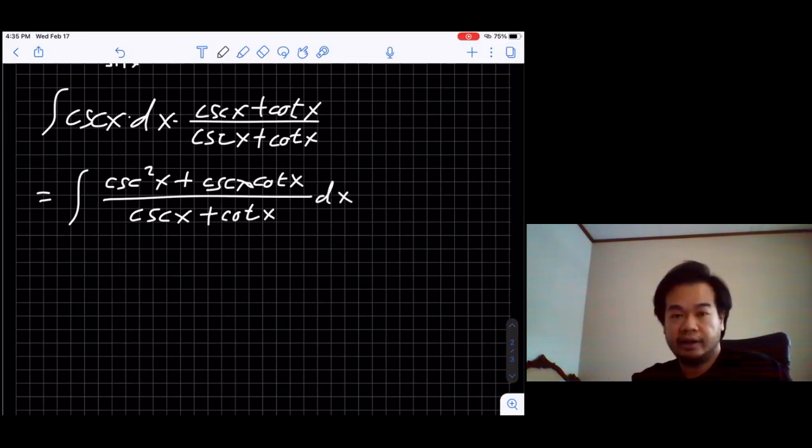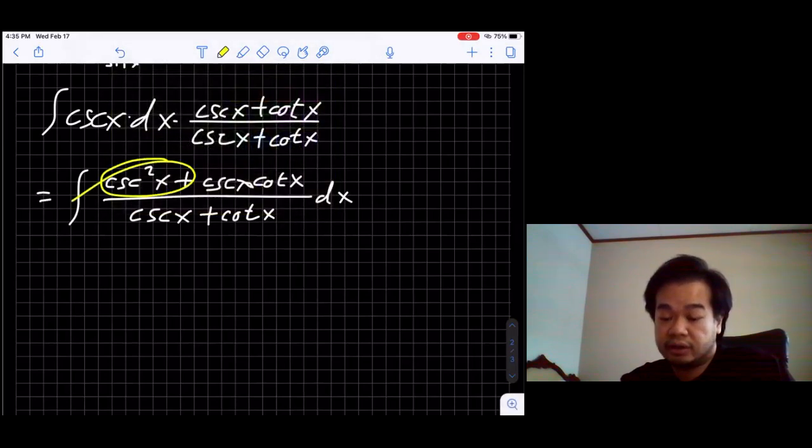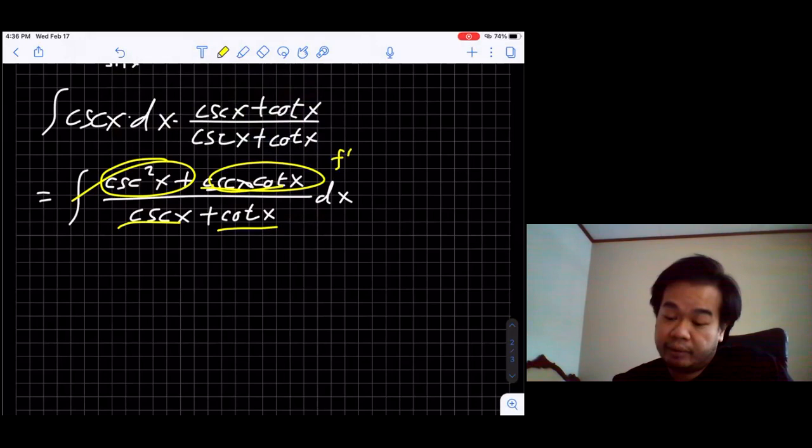And realize that actually this is the derivative of cotangent, I mean opposite, of course. We can ignore the coefficient. And then this is the derivative of cosecant. So actually, this is the f prime x, and this is the f(x).